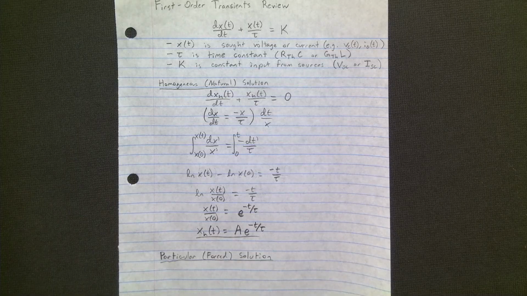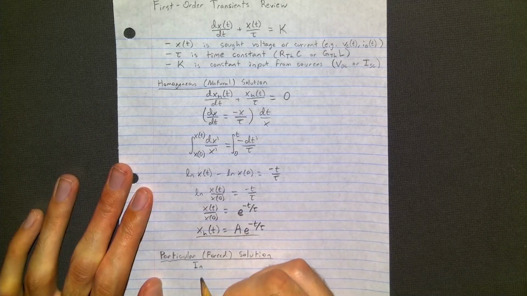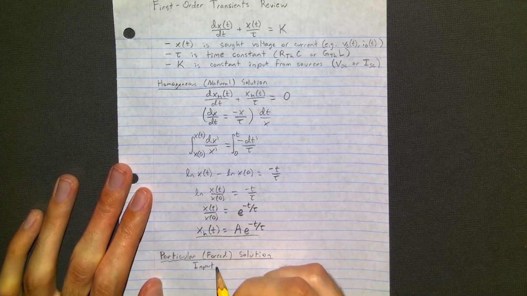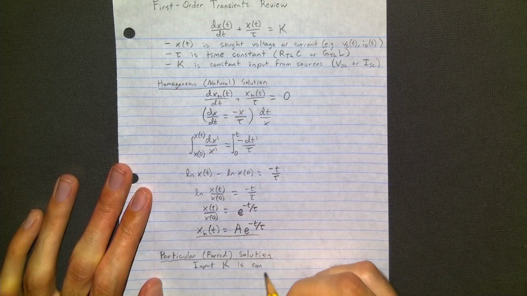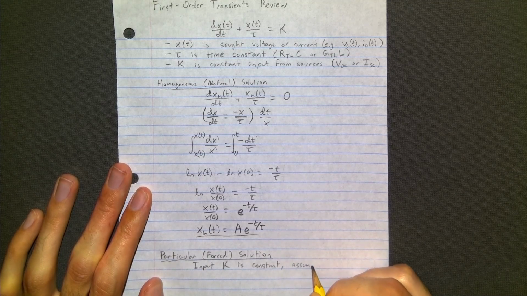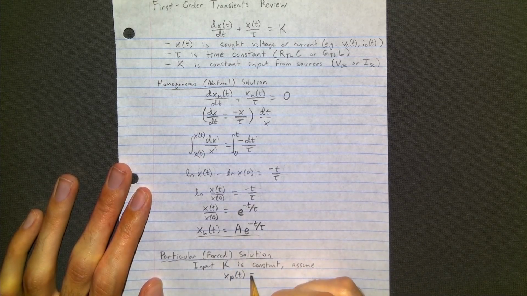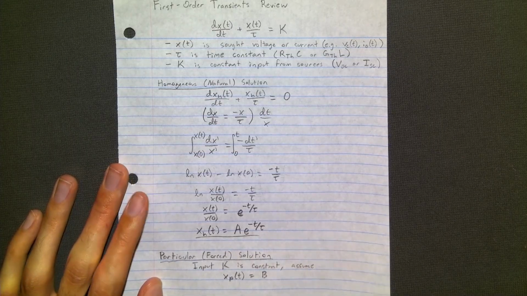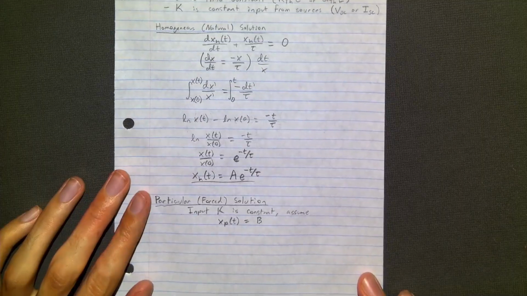Now for the particular solution, because the input K is constant, we are going to assume that the particular solution is also constant, and we're going to call that constant B. Now we have to test this assumption.